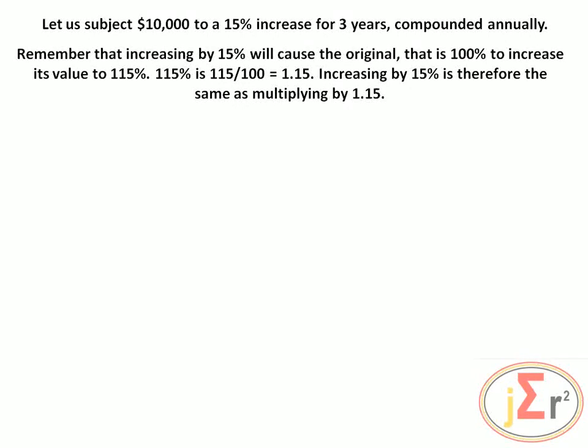Increasing by a particular percentage, we add that percentage to 100. We end up with 115. 115% is actually 115 divided by 100, and that will give us 1.15. Therefore, increasing by 15% is equivalent to multiplying by 1.15.